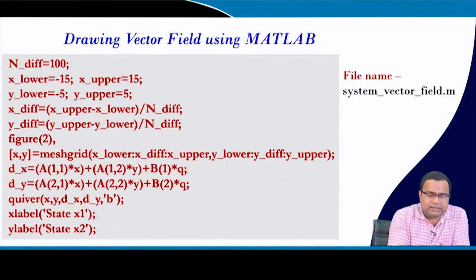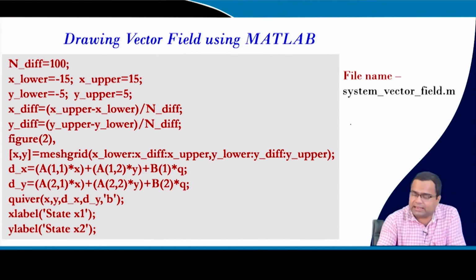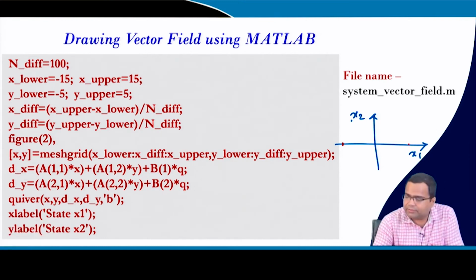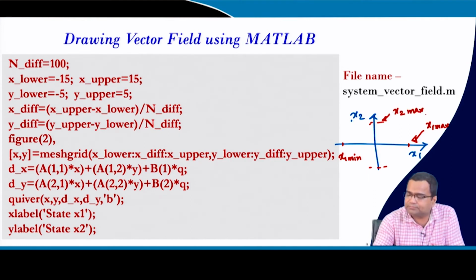That means, suppose I want to draw a vector field along x1 and x2. So, this is my x1 axis, x2 axis. Now, I want to plot the vector field within some limits. This is my x1 minimum, this is my x1 max, then this is my x2 max, and this is my x2 min.